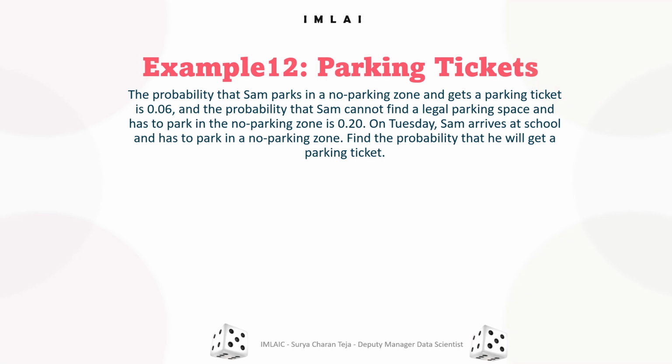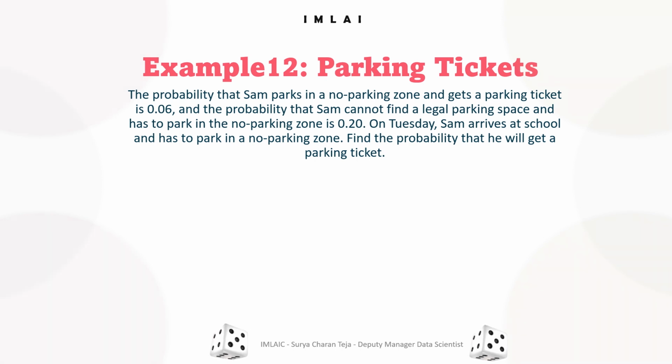The probability that Sam parks in a no parking zone and gets a parking ticket is 0.06, and the probability that Sam cannot find a legal parking space and has to park in the no parking zone is 0.20. So on Tuesday, Sam arrives at school and has to park in a no parking zone. Find the probability that he will get a parking ticket.